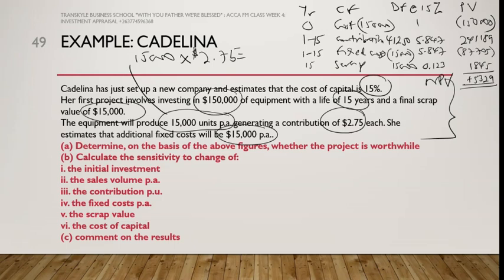Now, we then have to calculate the sensitivity of the project to the change in one of the variables, and we want to ascertain what will happen to the NPV if the initial investment changes. So if there is a change in the initial investment, what will happen? Let's determine that.